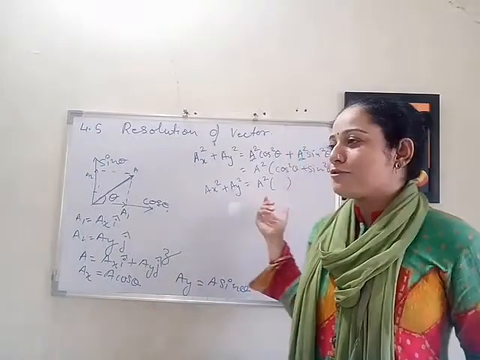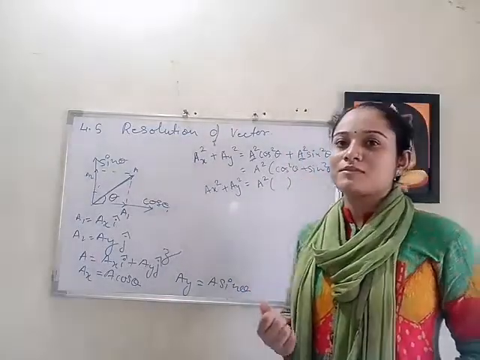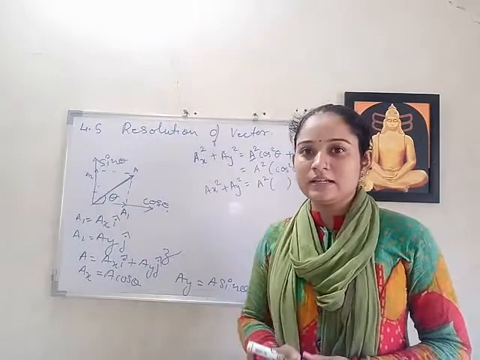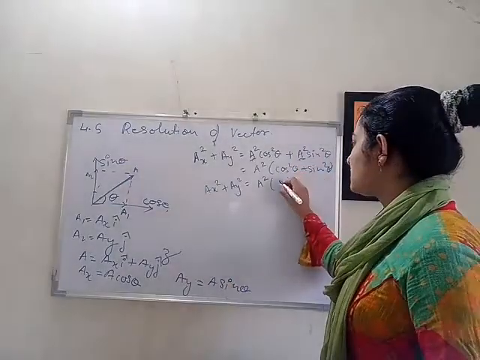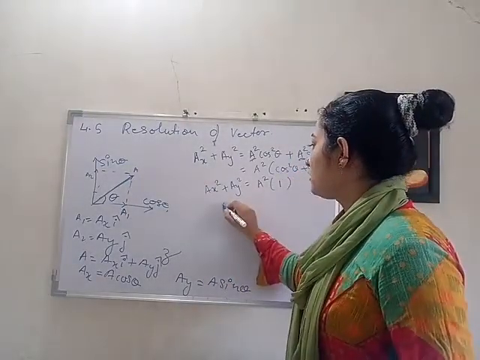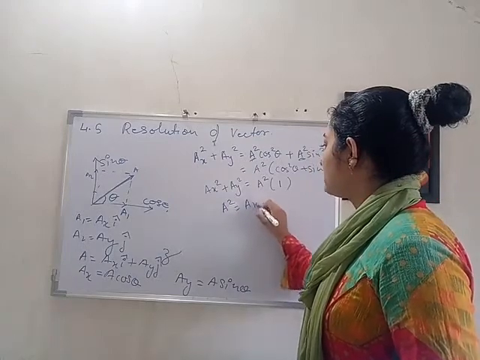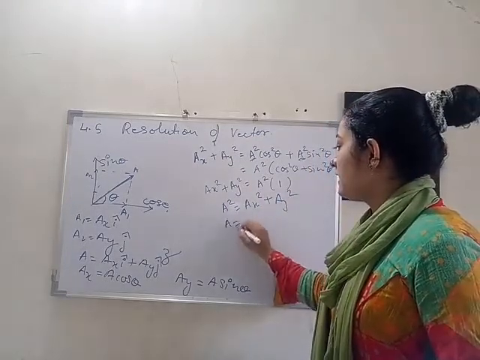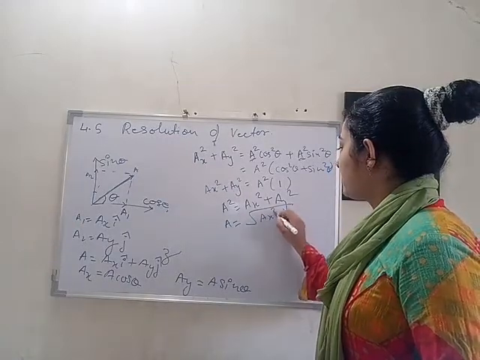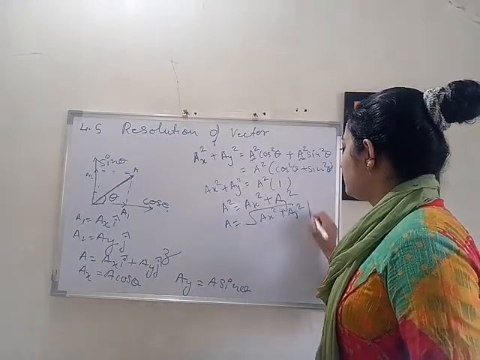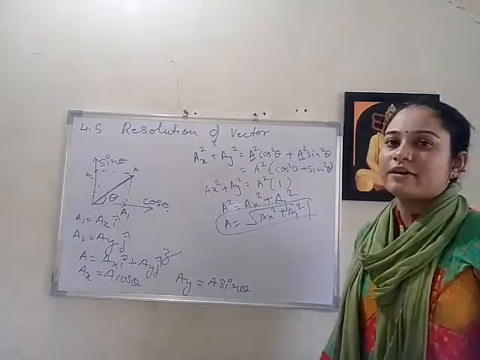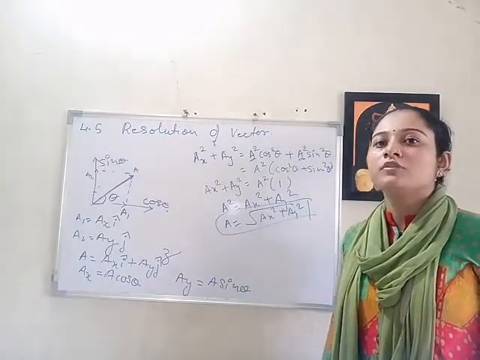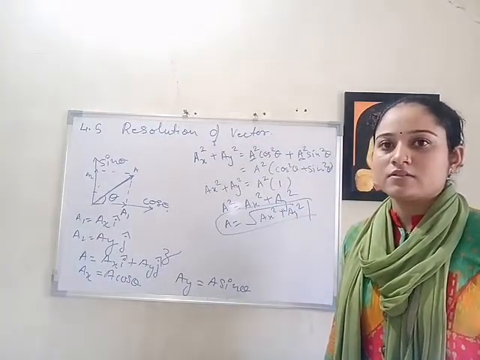So what is sin square theta plus cos square theta? 1. This is the identity. So what we got? A square equals Ax square plus Ay square. So the resultant vector A will be equal to the root of Ax square plus Ay square.